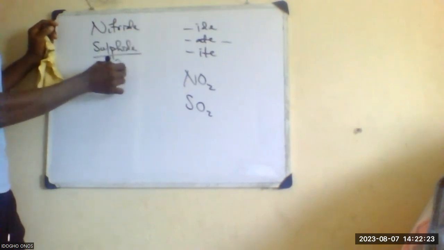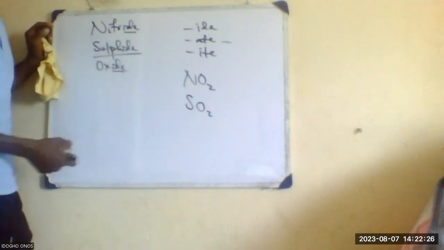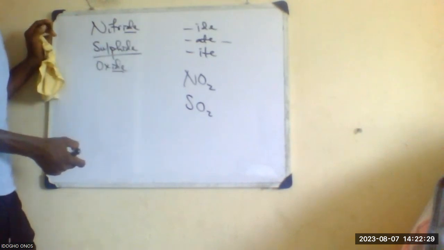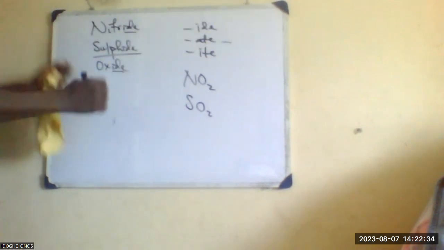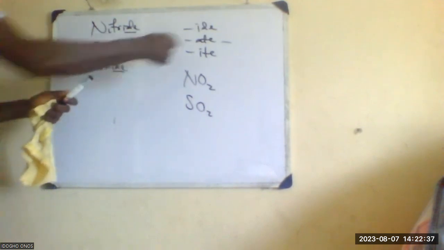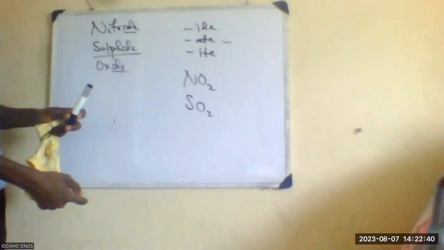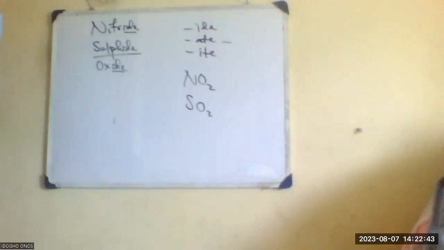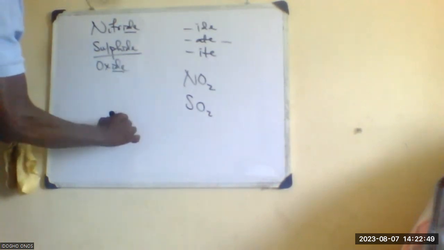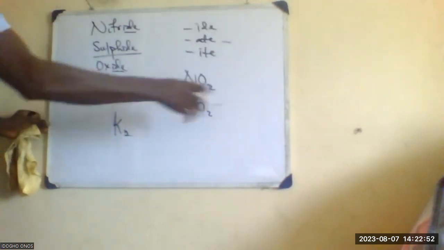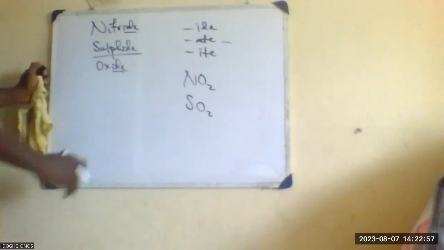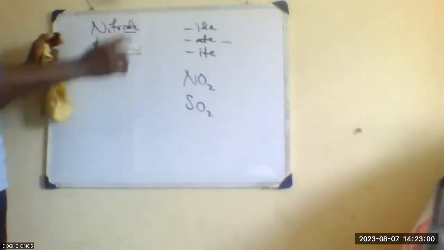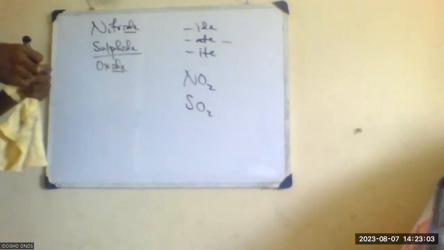If it's nitrate, that means the compound has 3 elements, whereby the one with ATE attached to the name is the element in the middle, like in K2Cr2O7, potassium heptaoxodichromate. But anything that has to do with IDE is mostly an oxide. It contains oxygen.